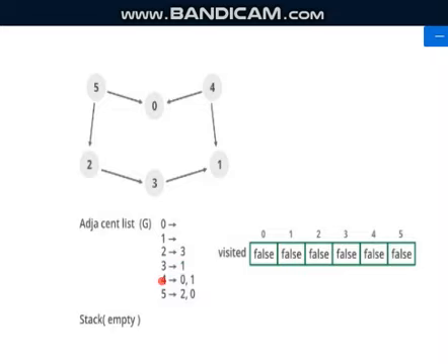From 4 you can reach 0 and 1. From 5 you can reach 0 and 2. So this is the adjacency list.